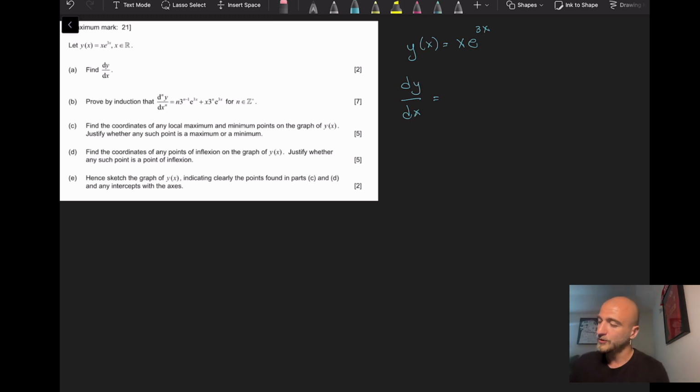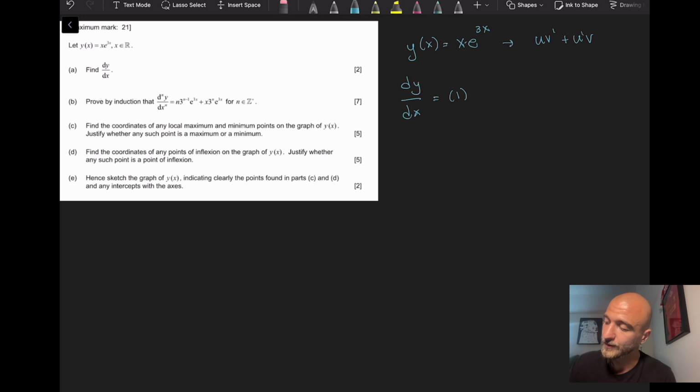To do this one, we see that this function is a product of two other functions, x and then e to the 3x. So this just becomes a little product rule. Product rule, as a reminder, is u v prime plus u prime v. So we take the derivative of the first term, in this case x, which is just 1.